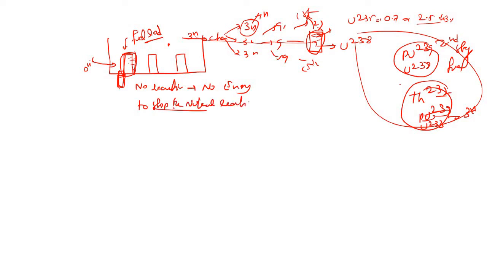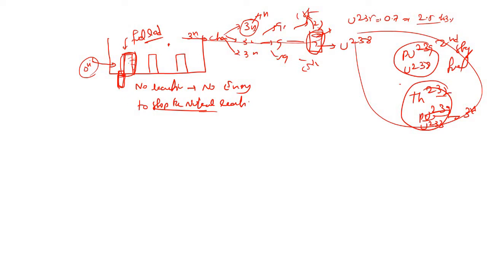Hope you understood this one, because if it is inserted completely, it is surrounding the fuel rod completely, so the free neutron can't hit the fuel rod. When it is not hitting, it won't split. When it is not splitting, nothing is working inside, so the nuclear reactor will shut down. So to stop the nuclear reactor, we insert the control rods completely so that no reaction takes place and the reactor is shut down.